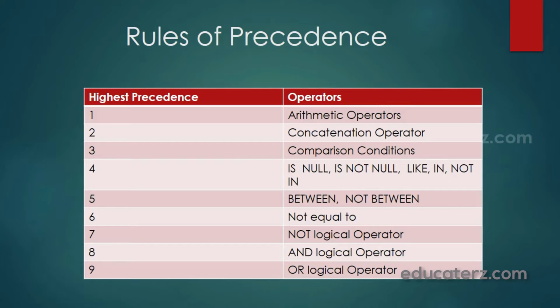In the WHERE clause, if you have multiple expressions using these, they will be evaluated like this. The fifth highest is BETWEEN and NOT BETWEEN. The sixth one is NOT EQUAL TO. The seventh one is the NOT logical operator. The eighth one is the AND logical operator. And finally, the last precedence is the OR logical operator.